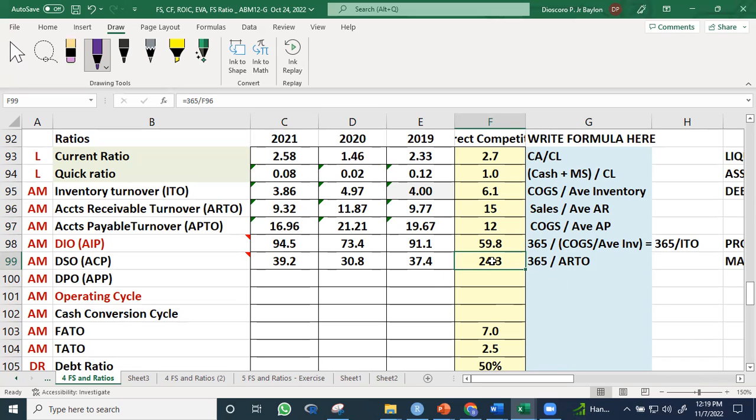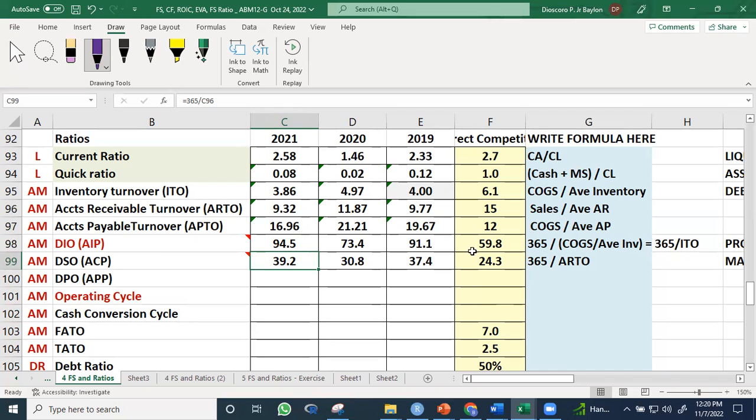All right. So the competitor is able to collect on their receivables in 24 days. Us, around 40 days. So there's a big disparity. How can you beat a company with such a high velocity of collection and such a high velocity of selling, converting raw materials into finished goods and then selling?